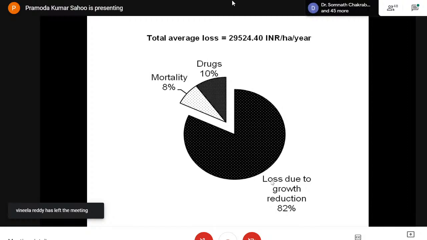But in experimental pond conditions where we have produced them, or in natural cases also, most cases go for application of drugs, and that is also very less. But the problem is this parasite causes huge loss in growth of the fish.